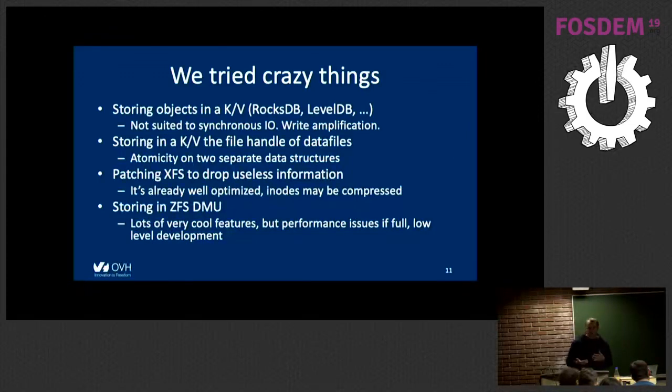In terms of performance, it's quite good, but the issue is that we have the file system, which has its own structure, and we had this key value, and it was really complicated to keep them in sync in case of a crash, for example. What do we do if, after creating a file, it crashed right before we put it in the key value? So we couldn't follow this idea.